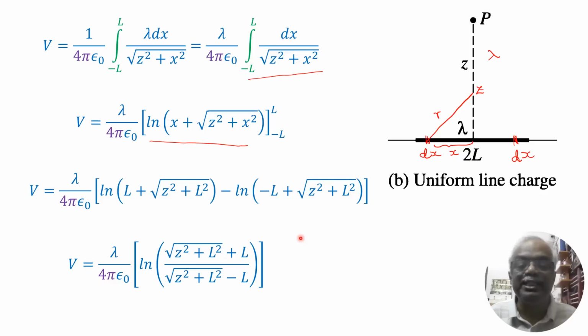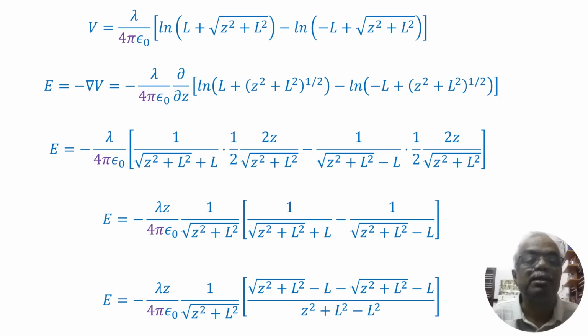To find the electric field, we are going to take this equation. We will see further how to find the electric field. For mathematical convenience, we have taken lambda over 4 pi epsilon naught times the natural logarithm of L plus the square root of z squared plus L squared, minus the natural logarithm of minus L plus the square root of z squared plus L squared.